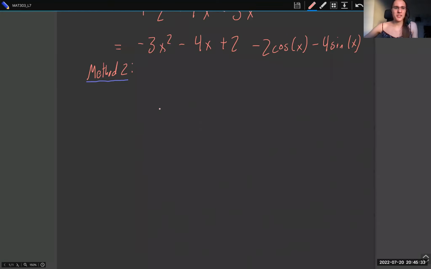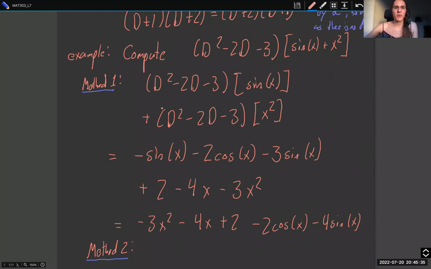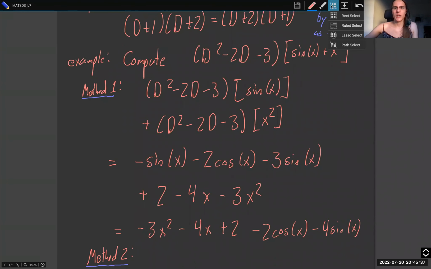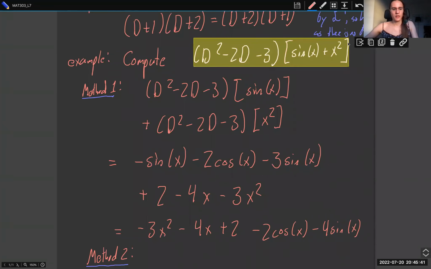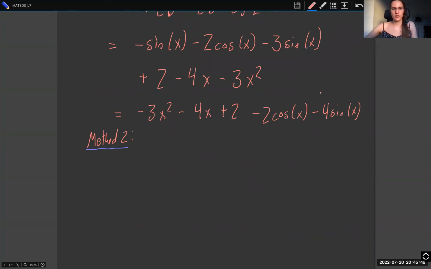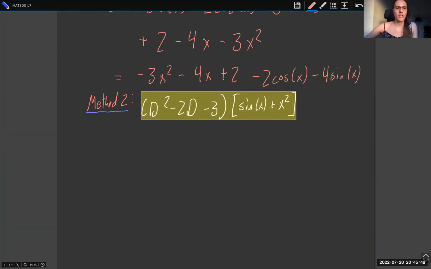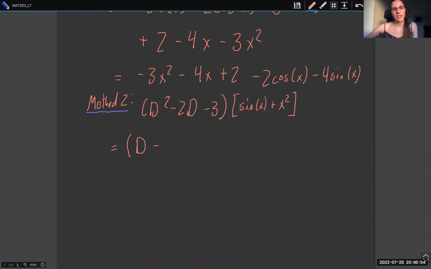Okay, so method 2 is we have this original expression. And what we can do is we can factor this and notice that it's going to be d minus 3 and d plus 1.